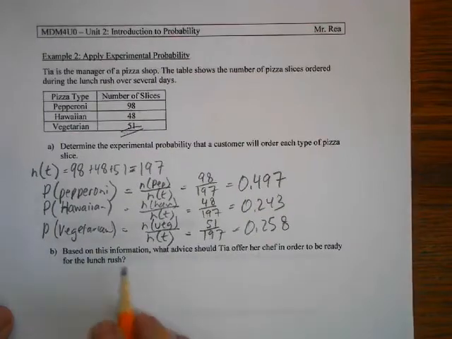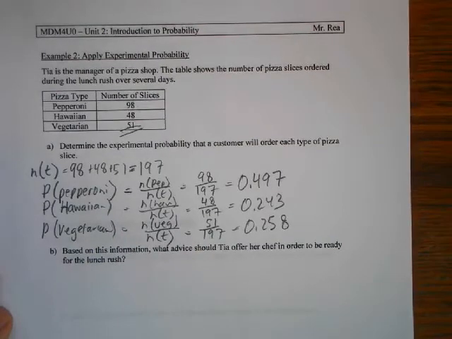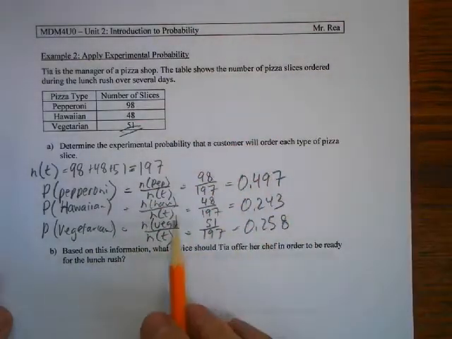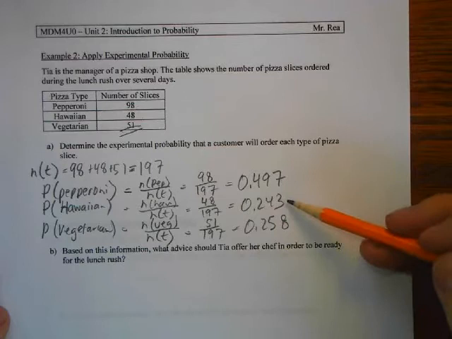Okay, based on this information, what advice should Tia offer her chef in order to be ready for the lunch rush? So based on this data, it basically is saying that about half the pieces ordered are pepperoni, and about 1/4, 25%, are the other 2 types.